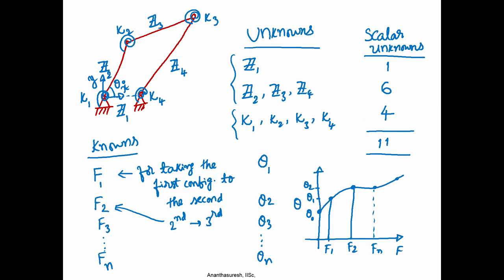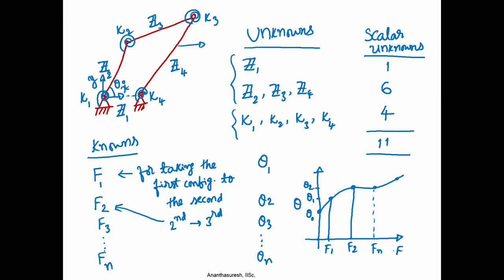Unknowns will be the initial configurations Z1, Z2, Z3, Z4 and the 4 spring constants. Z1 will have only one scalar, the others will have 2 each, so that becomes 6, and with the 4 spring constants, a total of 11. The knowns are the forces and these rotations that we want. There is a correspondence between the input force, which can be anywhere, it can be a force here or there, it does not matter, and the corresponding rotation of the input crank. So, theta versus F. Those are known to us.